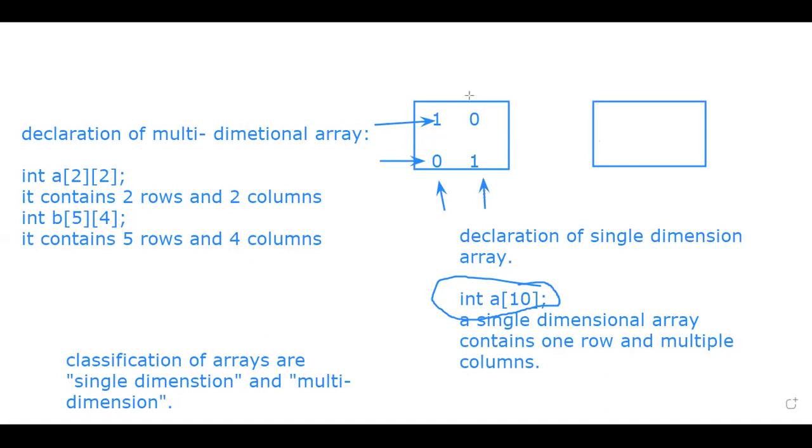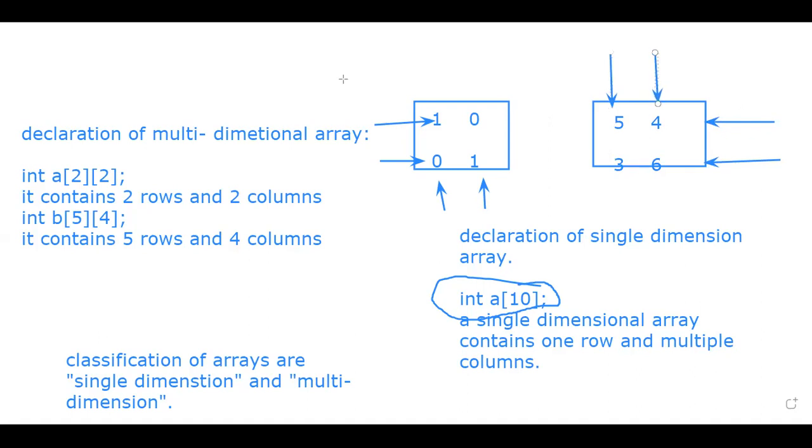For example, I have an array of 5, 4, 3, 6. So this is the 0th row, this is the first row, this is the 0th column, and this is the first column.